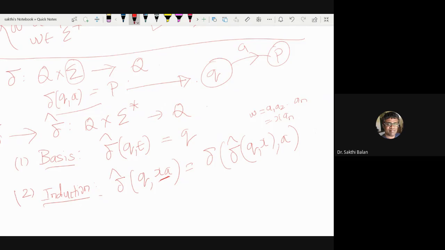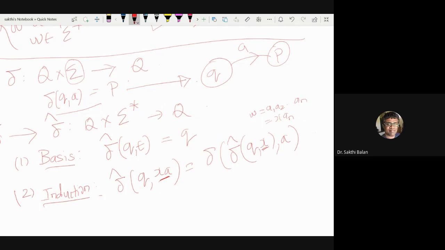So you are explaining delta cap in terms of delta and delta cap, where within that delta cap you have a string which is of lesser length. XA is of length n. Here X is of length n minus 1. So that's how you are recursively defining that function which is called delta cap.